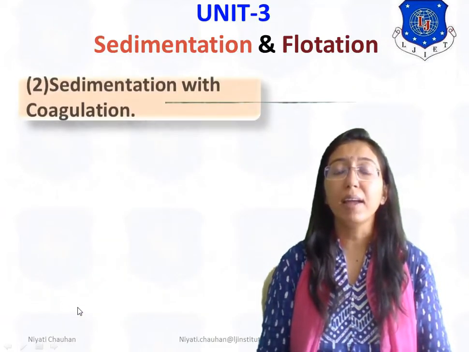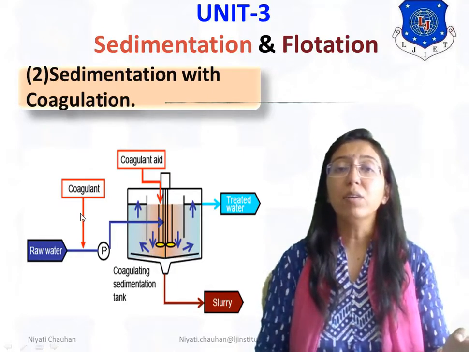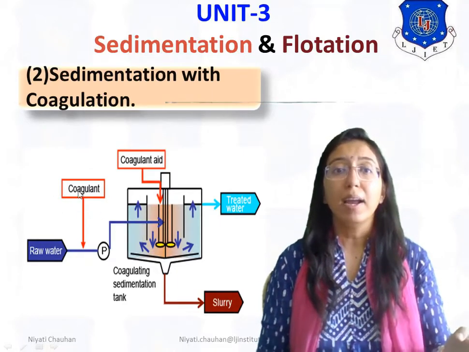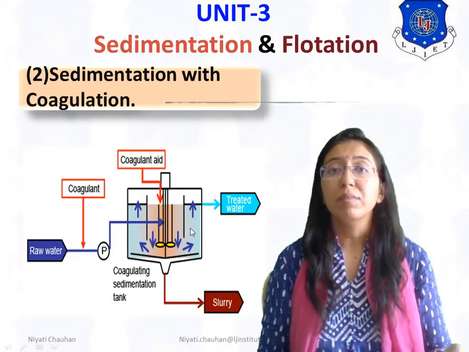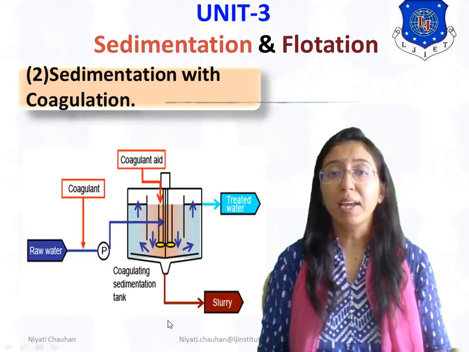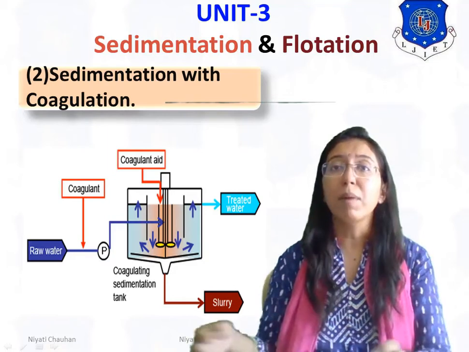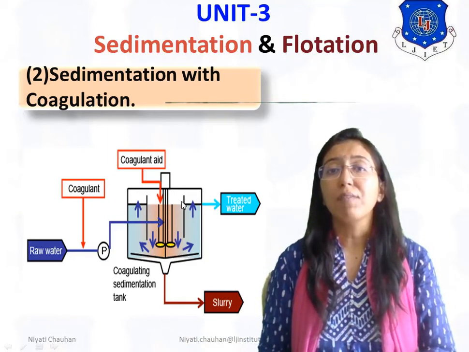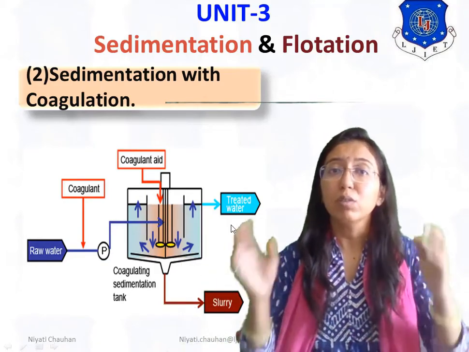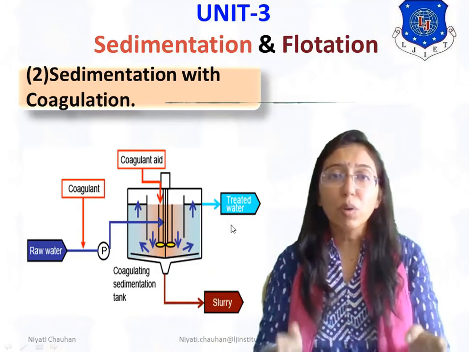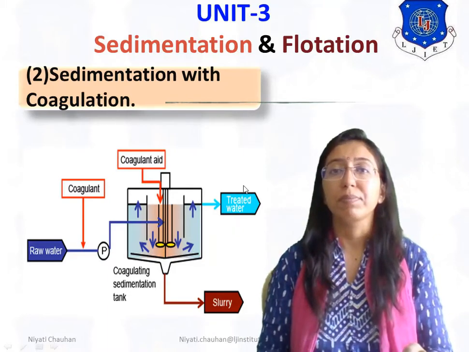You can see in the diagram, in raw water we are adding coagulant, and after adding coagulant, in the process we get some impurities, the impurities come outside, and after the process we get treated water. This process is known as sedimentation with coagulation.